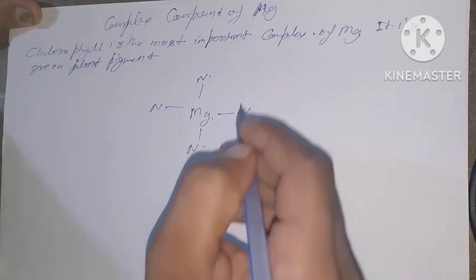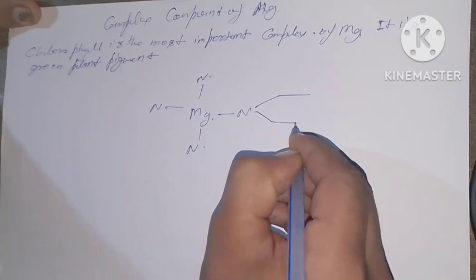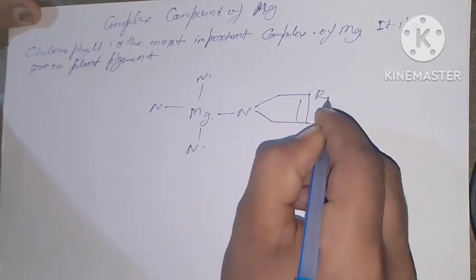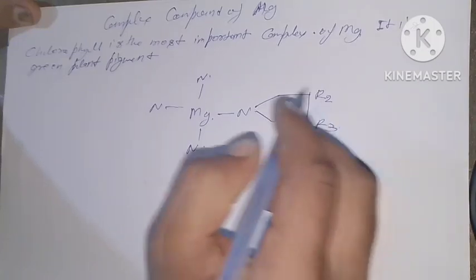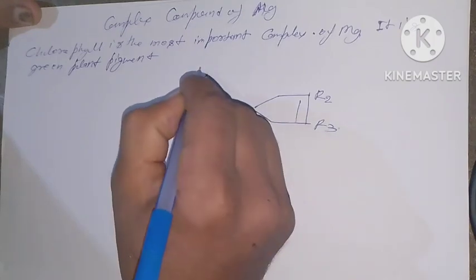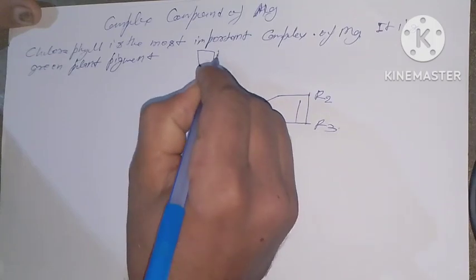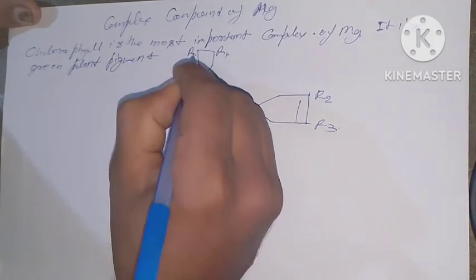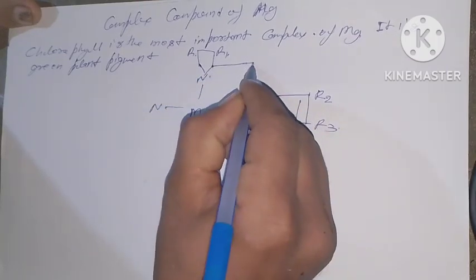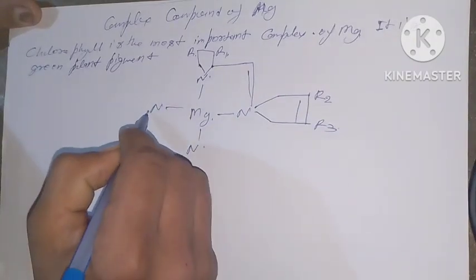And alkyl groups R1, R2, R3 are joined with the nitrogens.